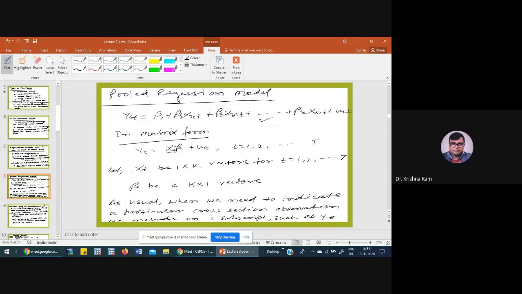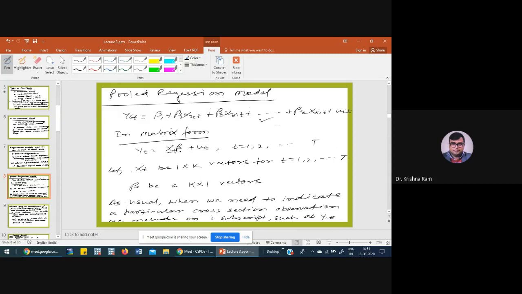But in Wooldridge's sense, whenever he uses the i subscript, it means the variable belongs to a particular cross-sectional unit. So we are going with the unit, and I omitted i from here.